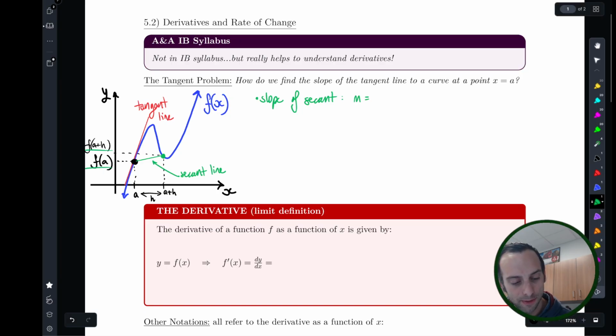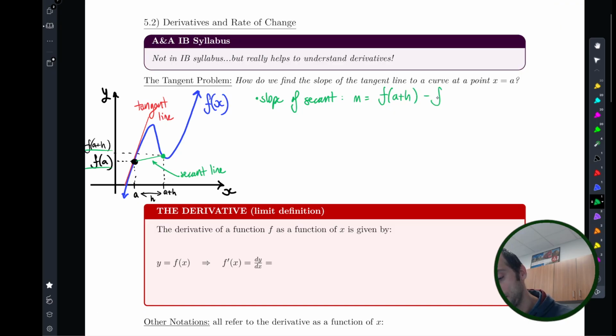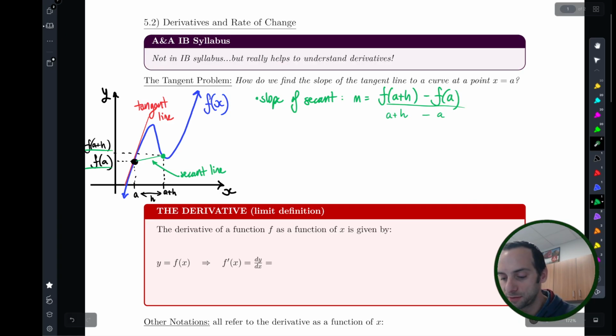So f of A plus h minus f of A. That is the change in y. That is the top y value minus the bottom y value. Okay? And then in the denominator, we would have the change in x. So the change in x will be the difference in our two x values. So that is A plus h minus A coming from those values on our x-axis down there.